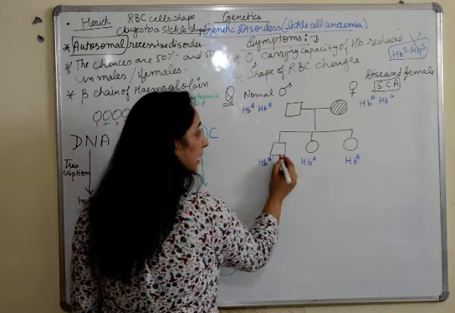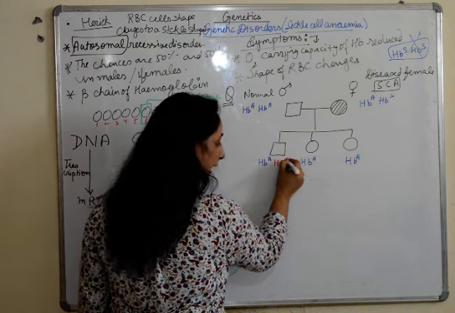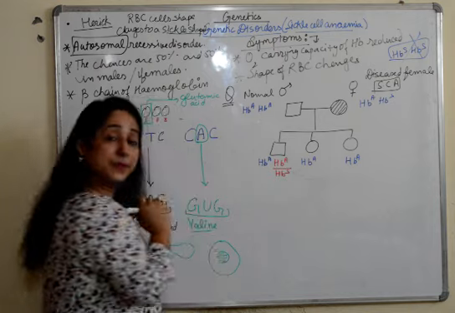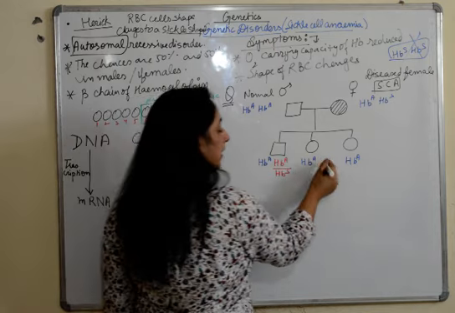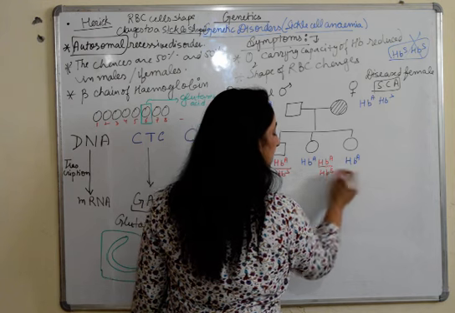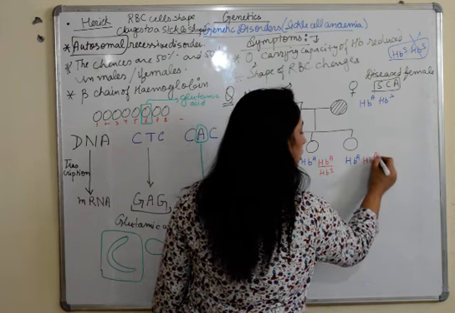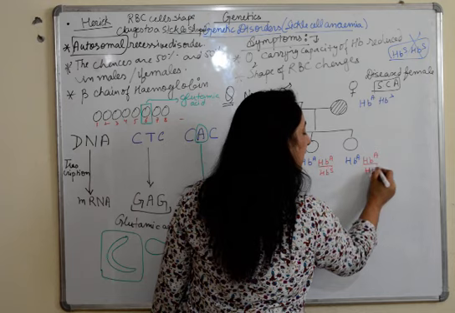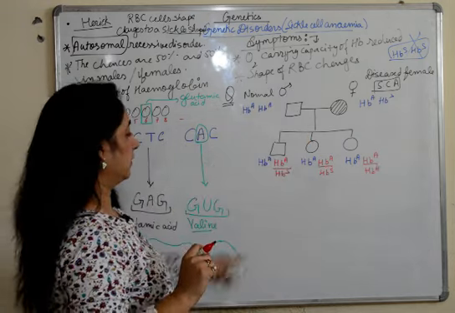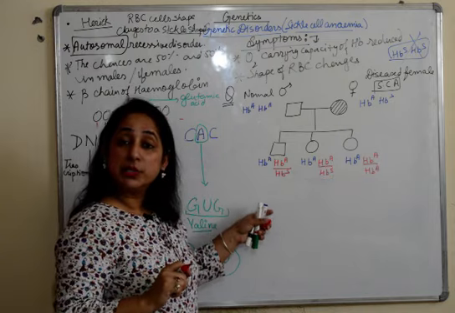The male child can get HbA from the mother, and it can also get HbS from the mother. The female child can also get HbA and HbS. Here also the same scenario, because the female has two different types of genotypes here. So these are the conditions.